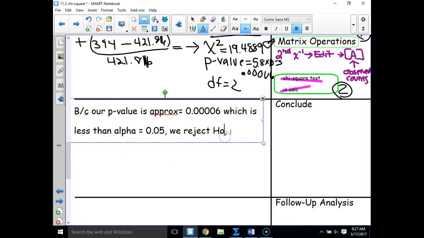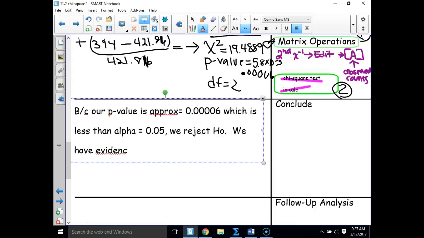What do we have evidence for? We have evidence to support, and then just take your HA and rewrite it.